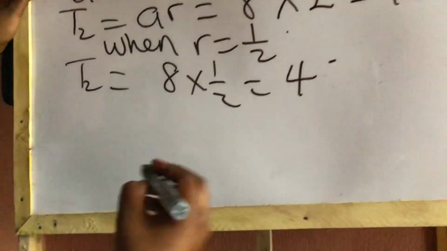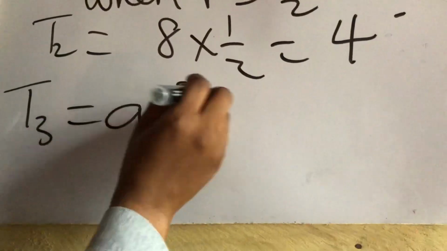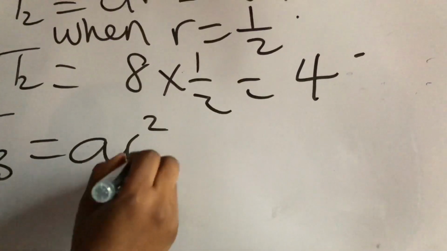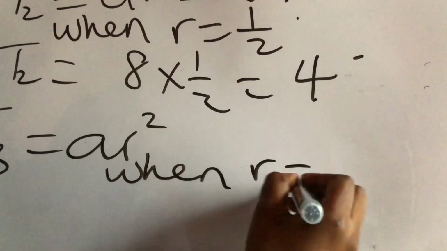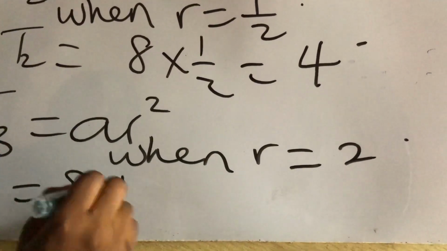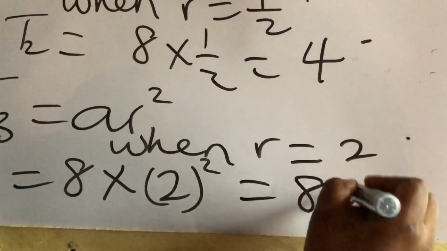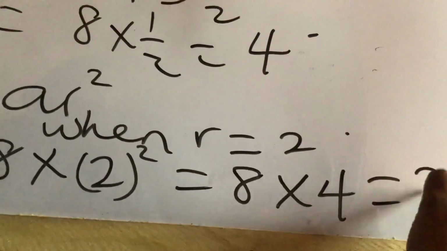So for the third term, ar squared. When r is equal to 2, the third term will be equal to 8 multiplied by 2 squared, which is equal to 8 multiplied by 4, which is equal to 32.